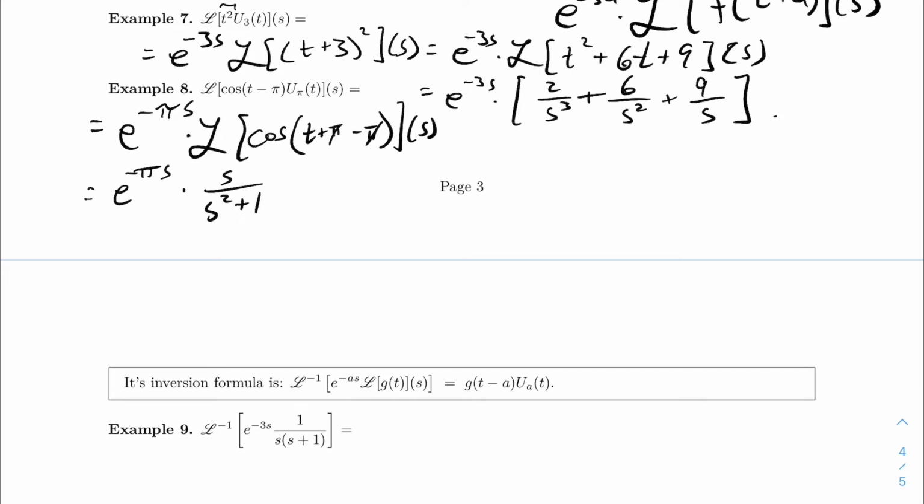Yeah, you could rewrite this slightly. So capital G of s is just the Laplace transform of g of t.